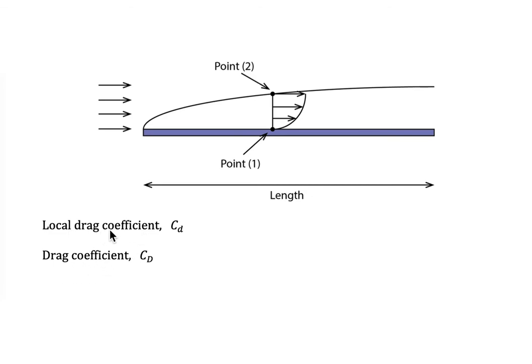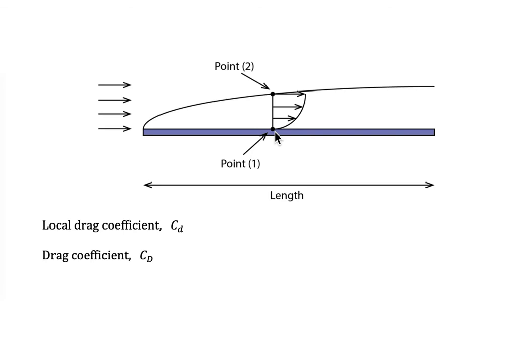Local drag coefficient is usually symbolized as C subscript small d, and drag coefficient is C subscript capital D. The difference is that the local drag coefficient is the drag coefficient that occurs at one local point. For example, we have point 1 here, so the calculation is only for this point.